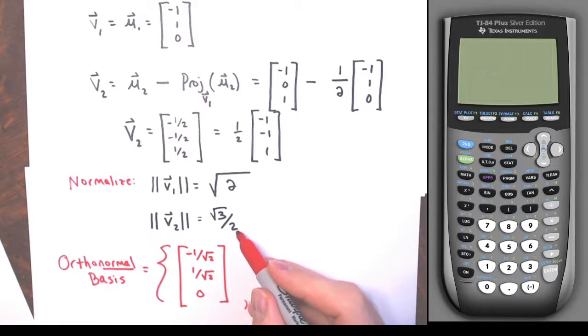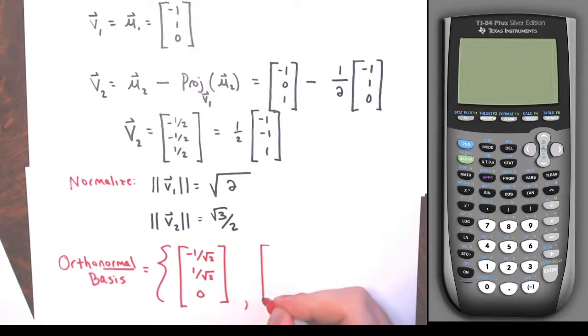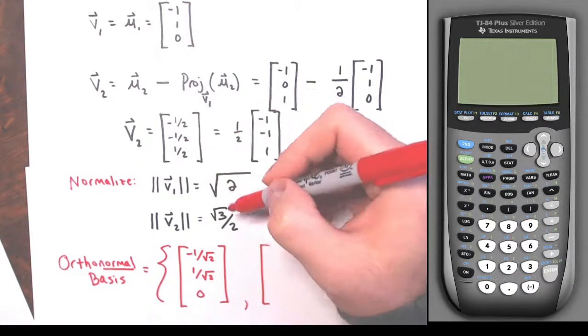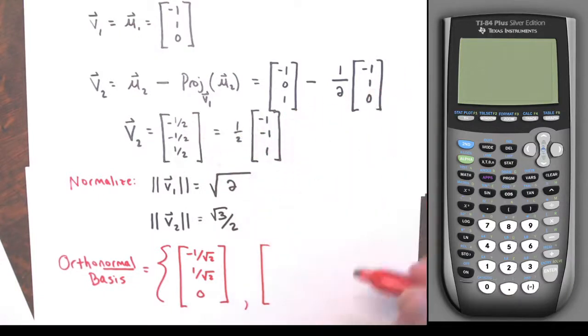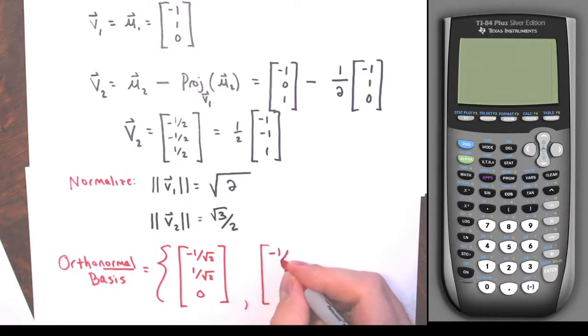Now, I'm not going to divide by a fraction. Dividing by the square root of 3 over 2 is the same thing as multiplying by 2 over the square root of 3. So I'm going to take this vector here and multiply by 2 over the square root of 3. Well, that'll cancel all the 2's and put square roots of 3's in the denominator. So it'll be negative 1 over the square root of 3, negative 1 over the square root of 3, and 1 over the square root of 3.